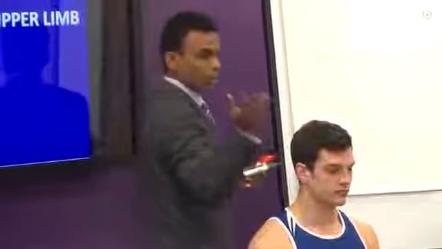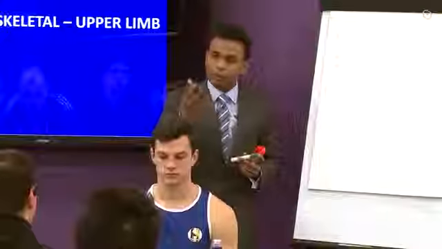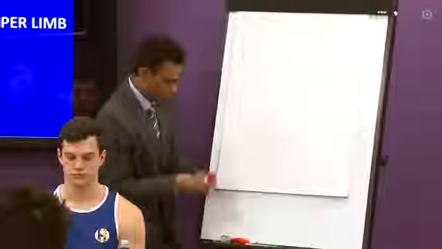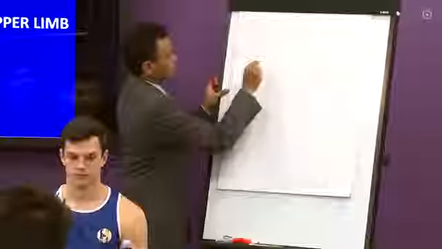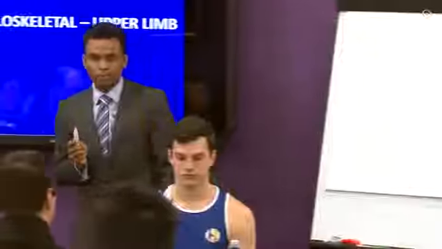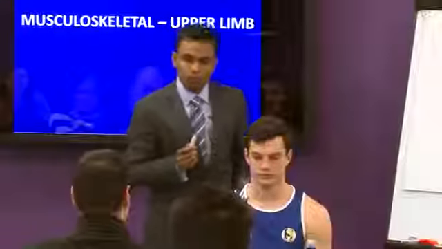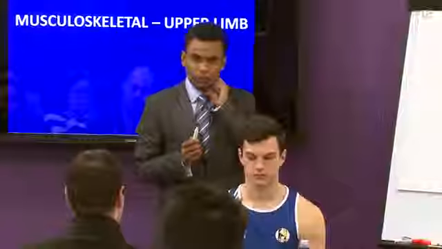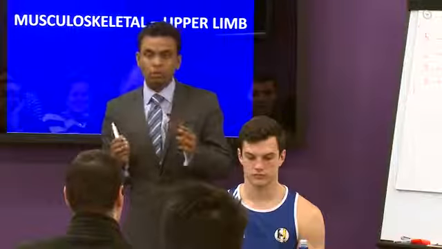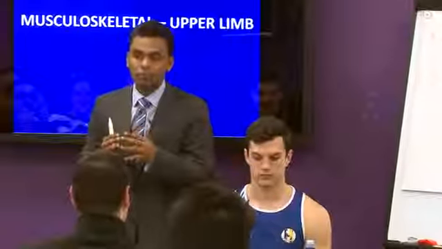Okay, the nerve roots come out, and then what happens? So let's say the nerve roots come out from here. What happens after that? Join together. To form what? The roots will form trunks.